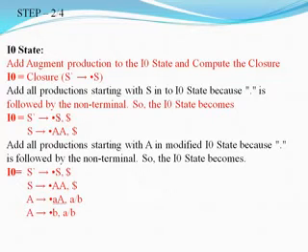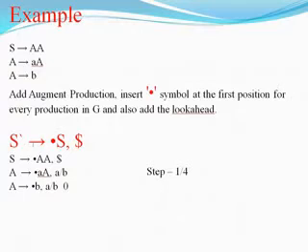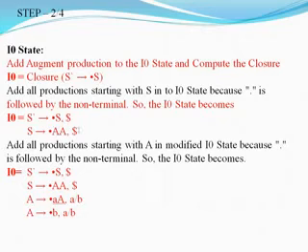But if you have a non-terminal, a capital letter, you have to write all the grammars which start with that particular symbol. Here after the dot I have capital S, so I have to write all the grammars starting with capital S. What are the grammars with capital S? Capital S tends to capital A, capital A. That's why I have written it: because after the dot I have a non-terminal symbol.